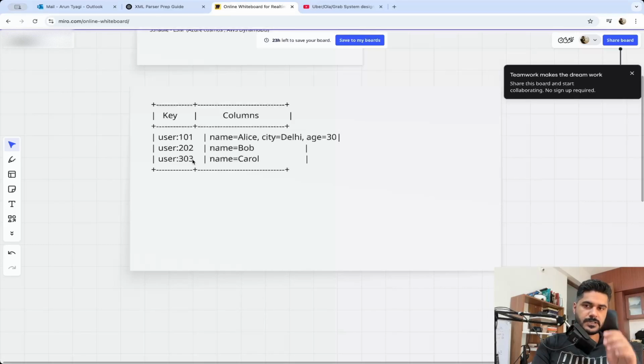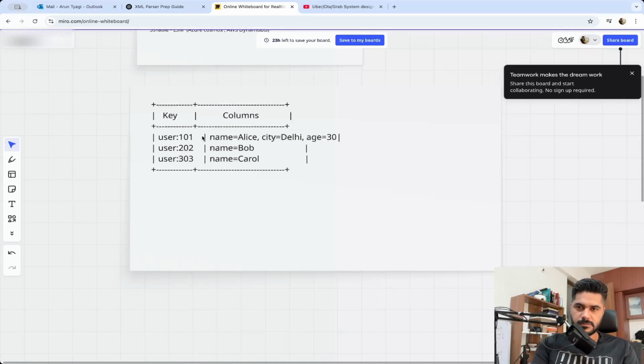What I'm trying to show here is that 101, 202, 303 will always be stored in sorted manner, be it at the memtable or in your SSTable. So memtable is in memory, SSTable is on the disk. That means you have to define your key upfront, and for that you need to know your query pattern, how you will query it later. Then only these databases will perform. That's the trick, right? Anyways, we'll come to that.